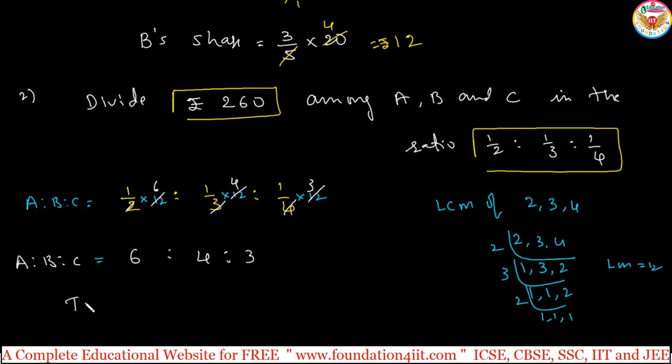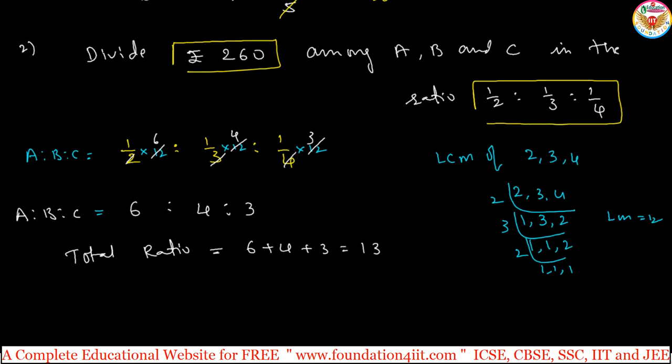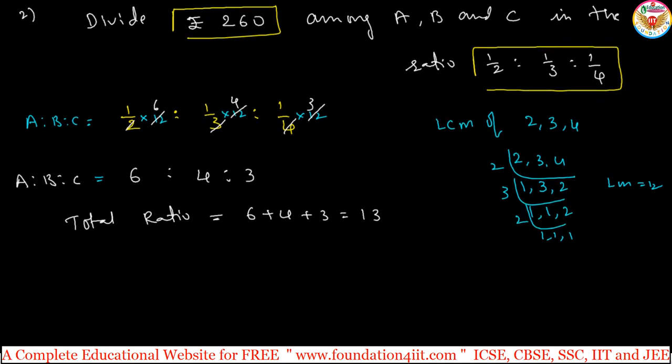Here you can find out the total share or total ratio. So 6 plus 4 plus 3, that is 13. Now we can solve the question easily. Total amount is 260. If you want A's share, A's ratio is 6 out of 13 into the total amount or total quantity they're supposed to get, that is 260.